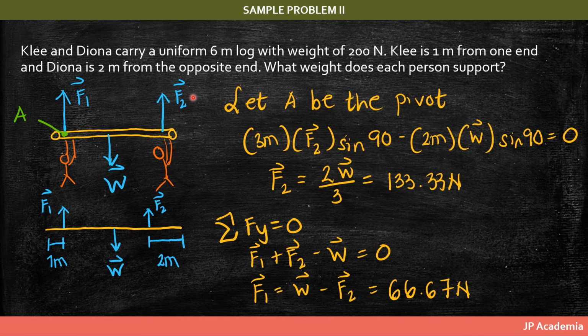So for this system, we have F1, which is going upward, so that's positive, F2, positive as well, minus W, and this is equal to 0. And therefore, we know the value of W, we know the value of F2, which is this one. Therefore, the value of F1 is equal to 66.67 newtons.